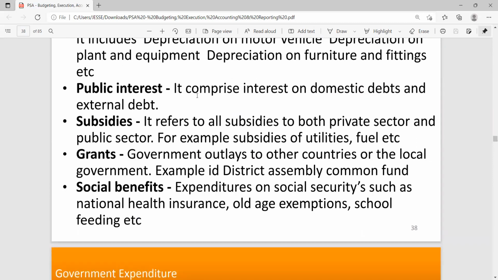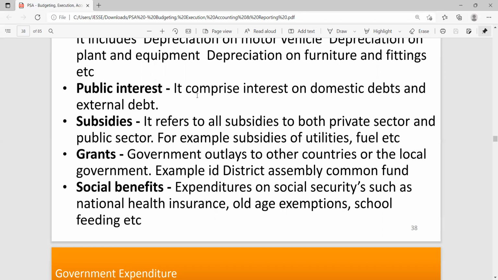Then you have public interest. It comprises interest on domestic debts and external debts, so all kinds of interest, whether domestic or external. Then subsidies as well. When government subsidizes certain essential services, that's also expenditure. A typical example would be subsidies on utilities.